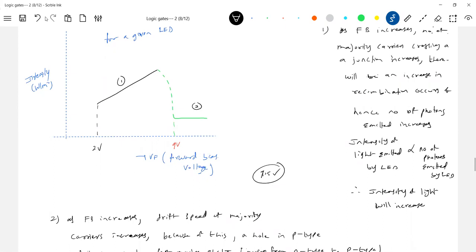What are the different colors? Let me compare the forward bias of different LEDs. There's a graph already they've asked. Let me plot the graph. Infrared should not be visible, no? So infrared is not visible, I'll not show it.